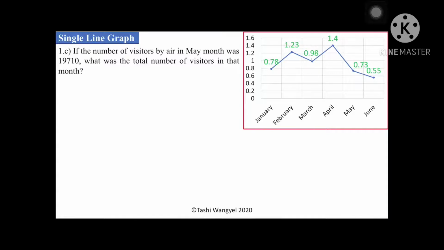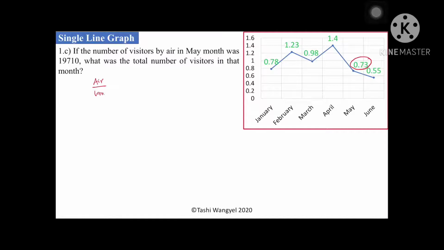The question: if the number of visitors by air in May month was 19,710, what was the total number of visitors in that month?